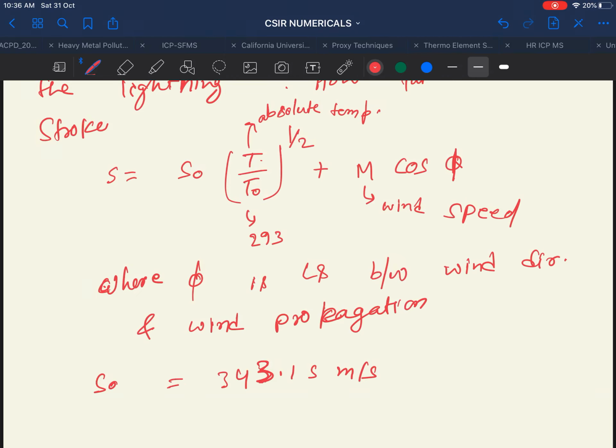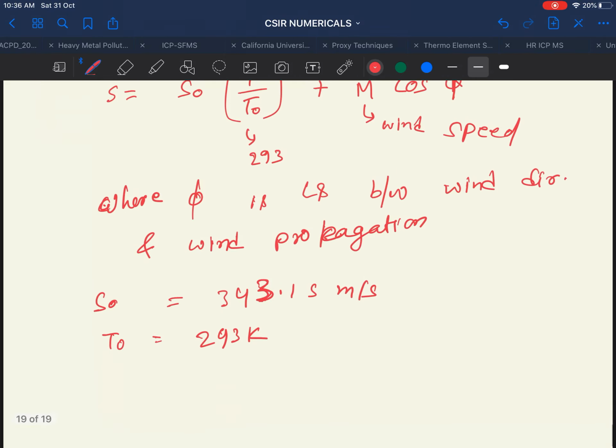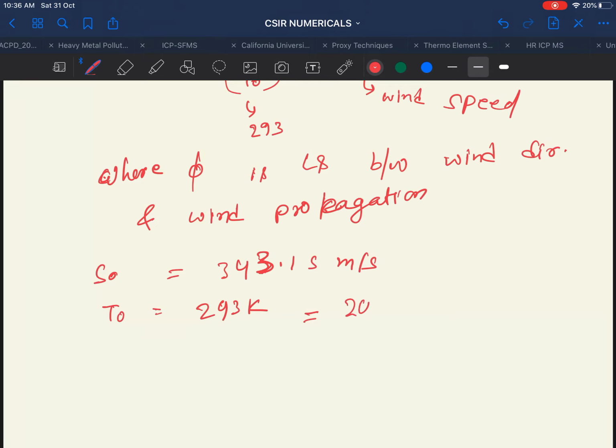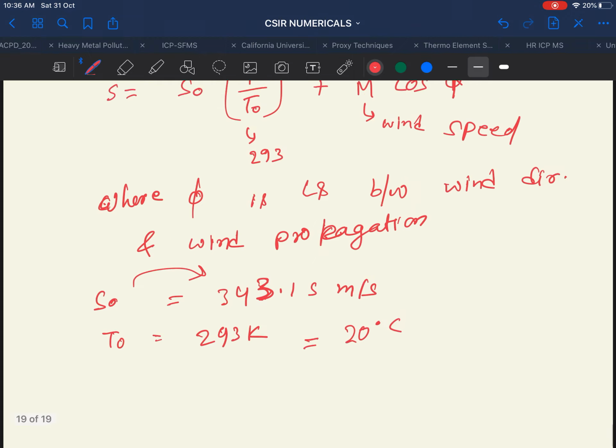This sound speed is at 20 degrees Celsius in calm air. So 20 degrees Celsius can also be written as 293 Kelvin. It is equal to 20 degrees Celsius only, no? So at 20 degrees Celsius in calm air, the speed of sound relative to ground is S naught, and the value of S naught is 343.